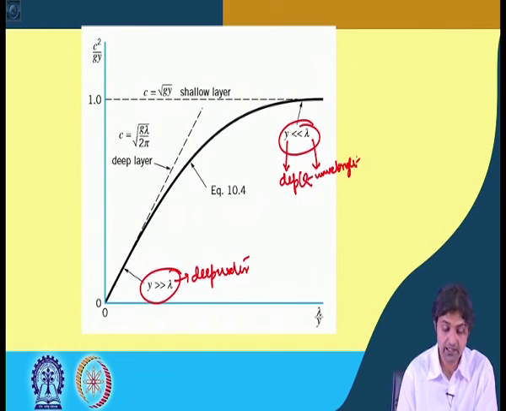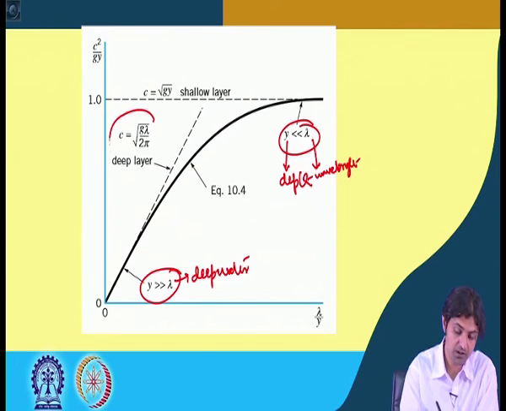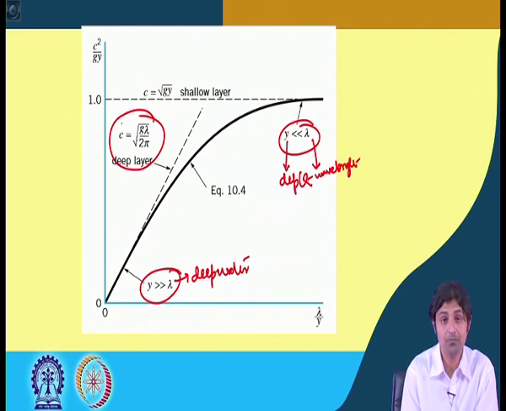So, we will see later that for deep water the wave speed depends upon lambda, the wavelength, and in shallow water c is equal to under root g y, it depends only on the water depth, but that is a topic for a later module.